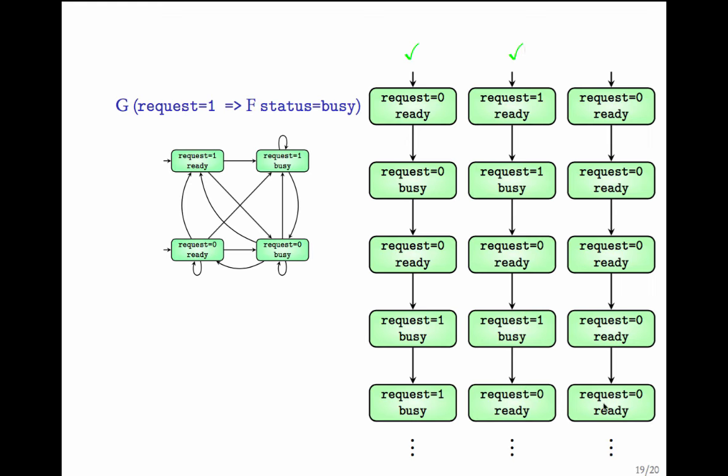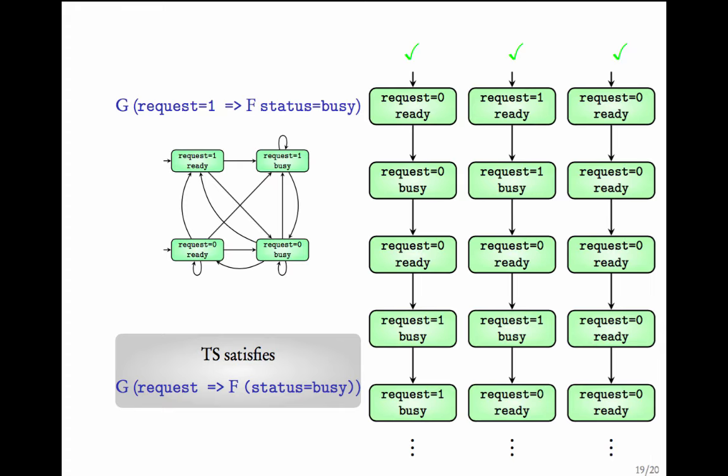What about this execution? Since request is 0 always, we have nothing to check. So this execution also satisfies the requirement. We have seen that these 3 executions satisfy this requirement. I claim that the entire transition system satisfies this requirement.